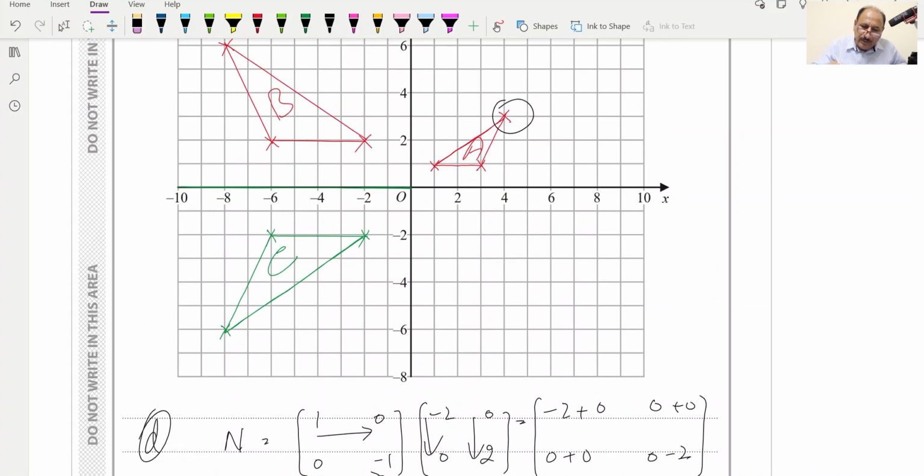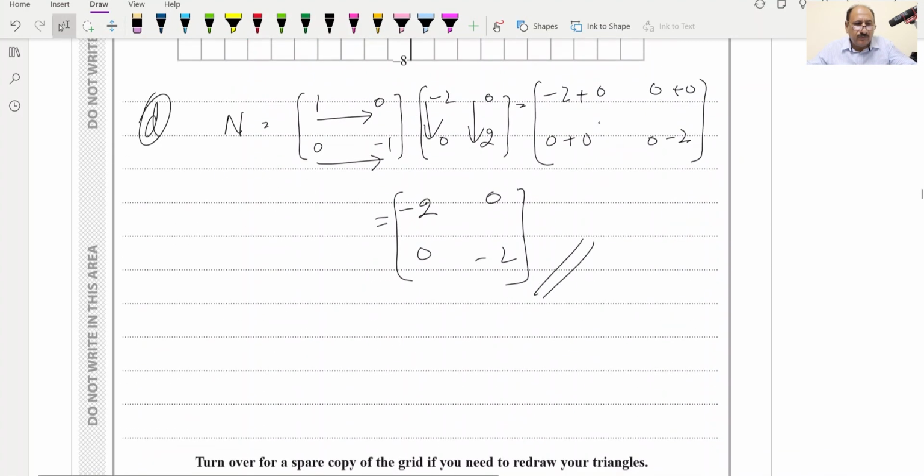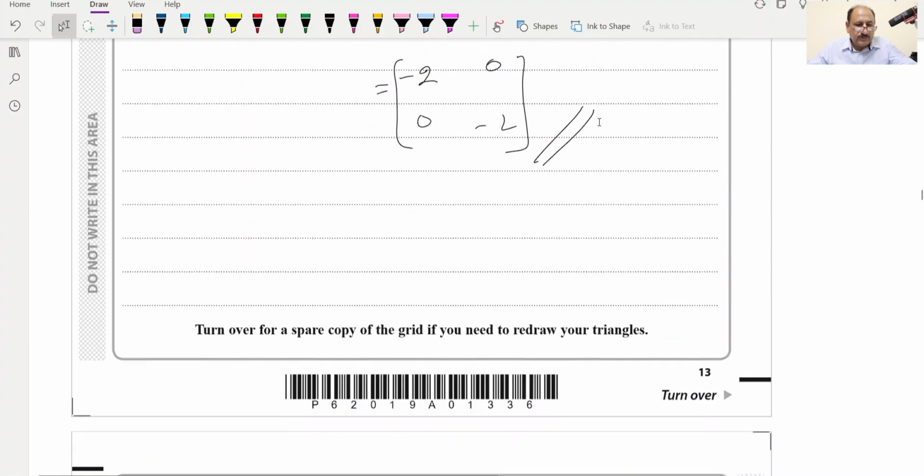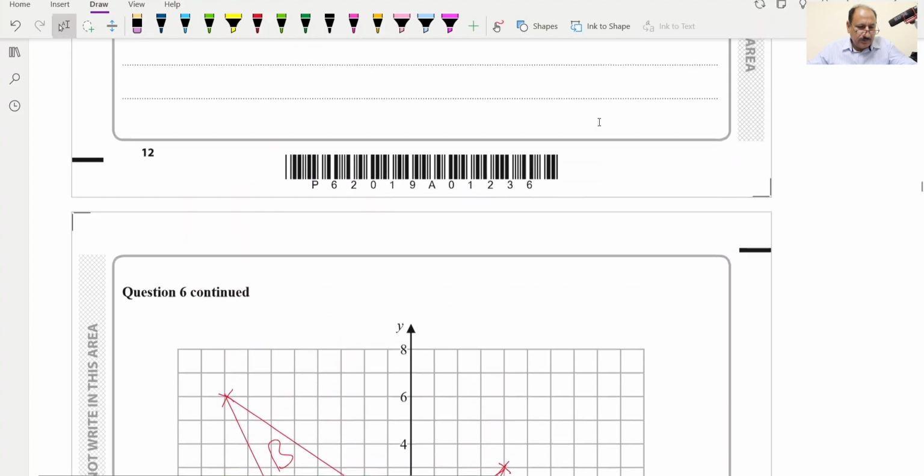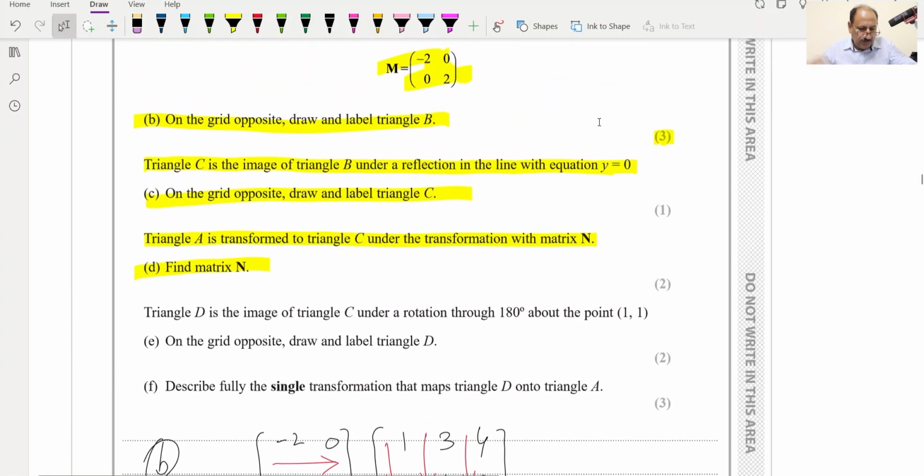If we multiply each point of this triangle by this matrix, we will get these 3 points. So it means this is the matrix which is used for transformation of A onto C. So this is done. Now we can move to the next part, E part.